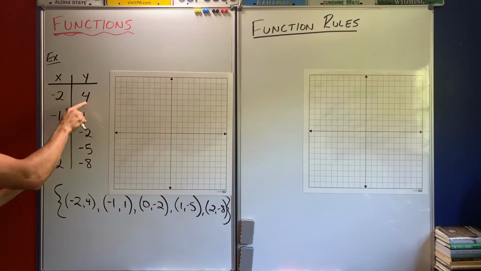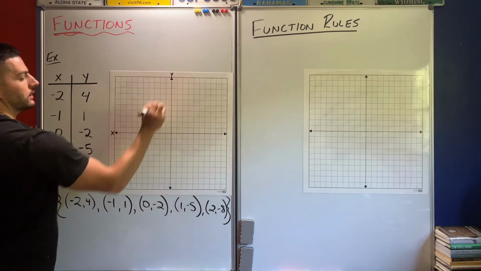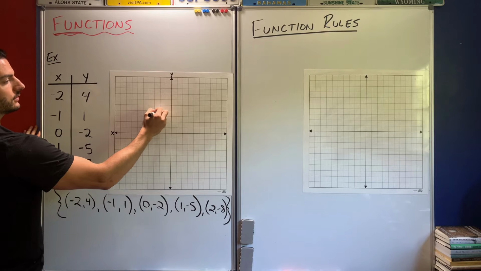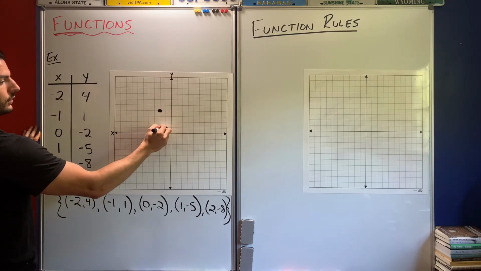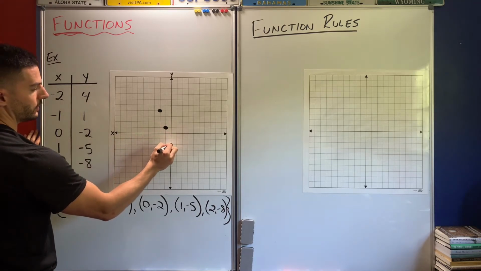So -2 comma 4. We'll label these: -2 on the x, 4 on the y, will take me up here. Then -1, 1. I'll graph these quickly. 0, -2 here.